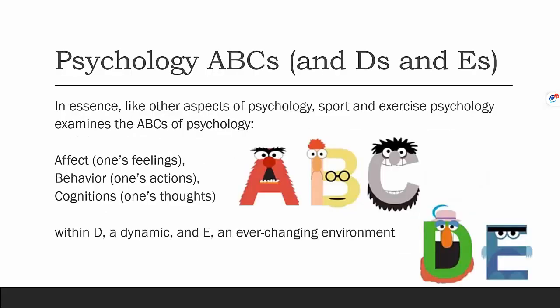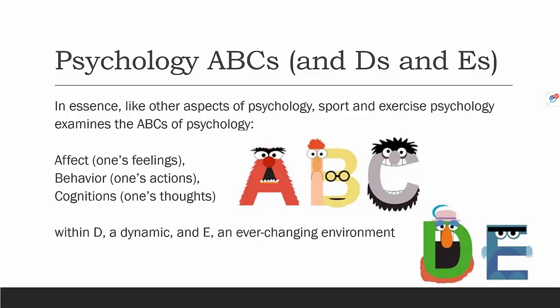Psychology ABCs and the D's and the E's. Like other areas of psychology, sport and exercise psychology examines different aspects, sometimes called the ABCs, and the D's and the E's of psychology. A is for affect. This is a person's feelings. B is for behavior or one's actions.